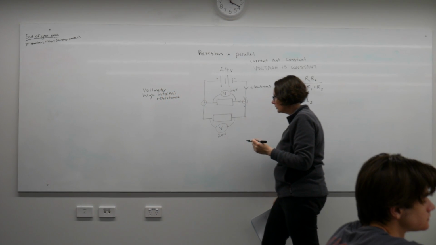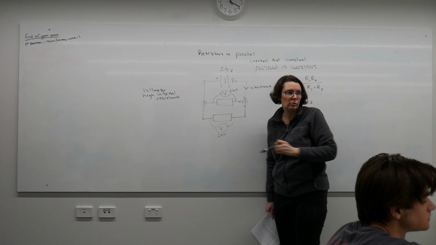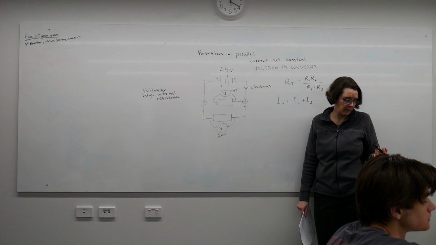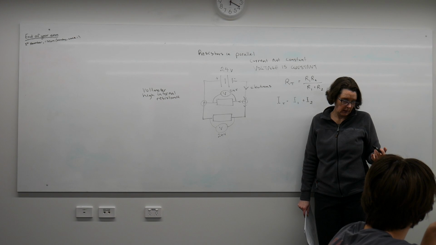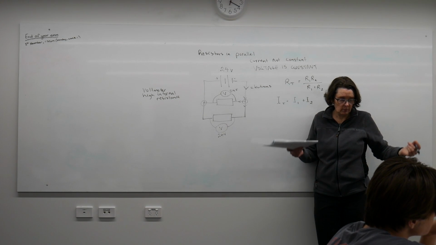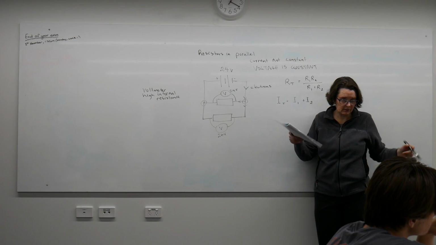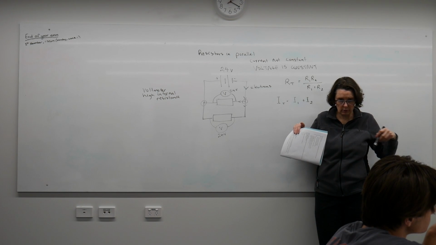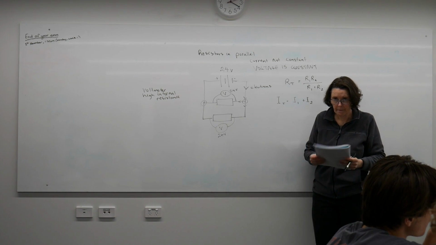Because they have very high internal resistance, the electrons don't go through the voltmeter, and the voltmeter can then measure the potential difference across where it's connected to the circuit, because none of the electrons are leaking through it.